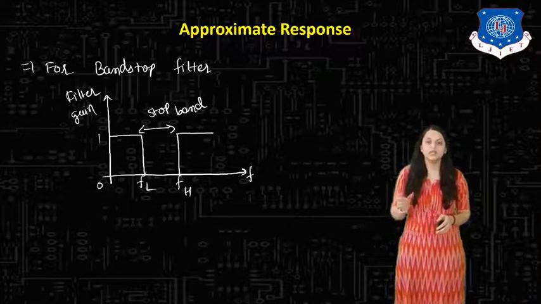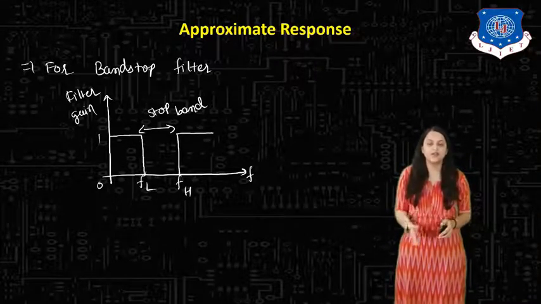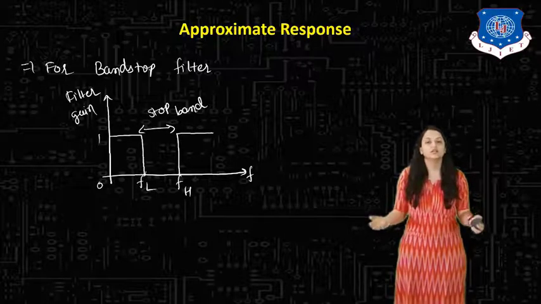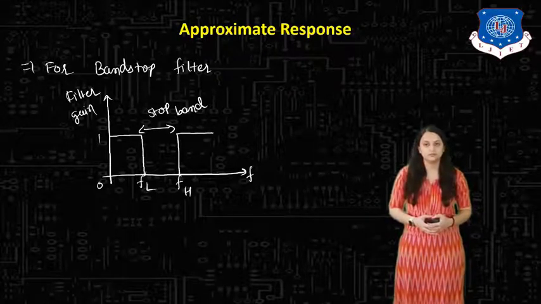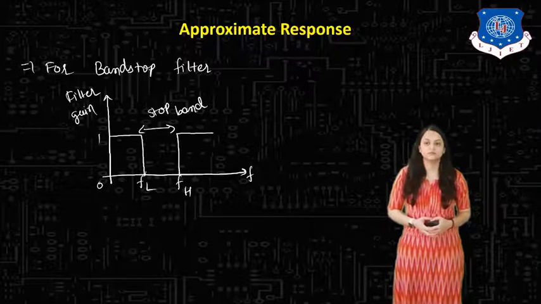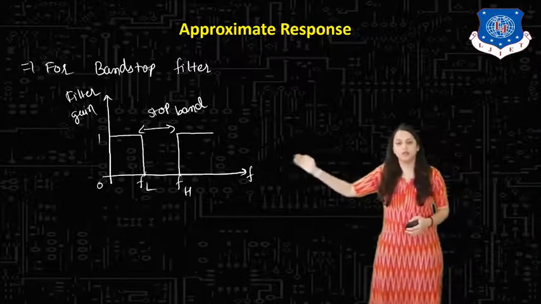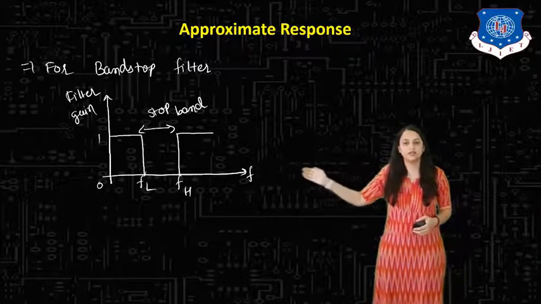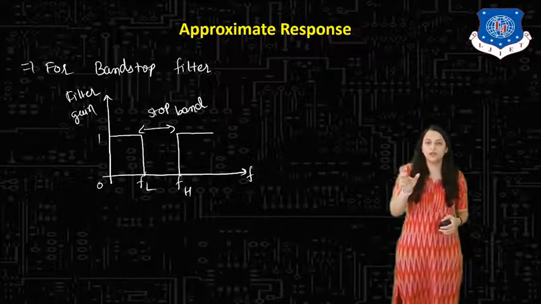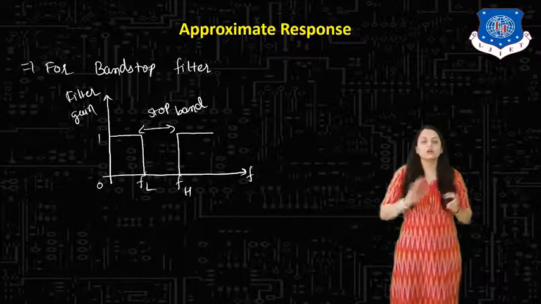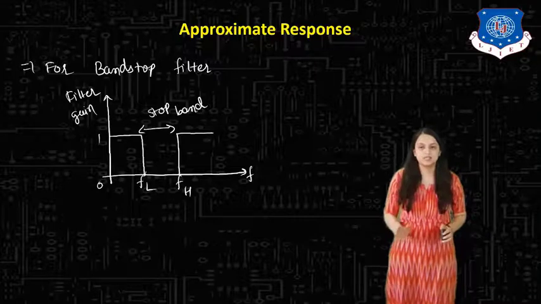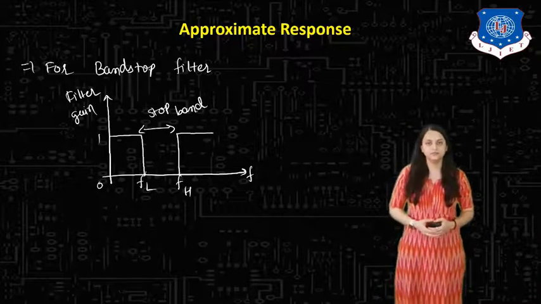That means the range between lower frequency and higher frequency is the stop band and the others are in the pass band. So here, as you can see, with gain 1, in the frequency range FL to FH there is a stop band which is blocked, and all other frequencies are allowed to pass, that is the pass band.